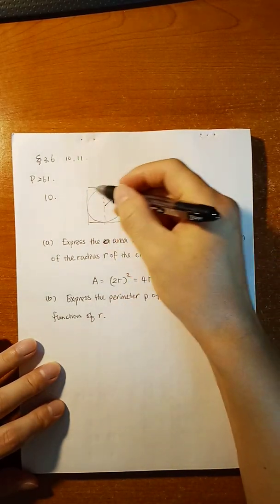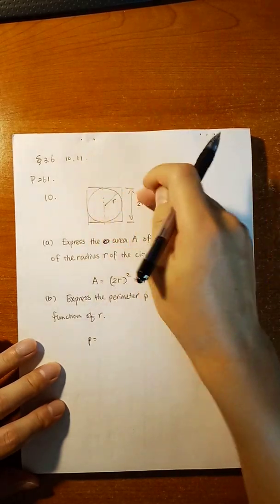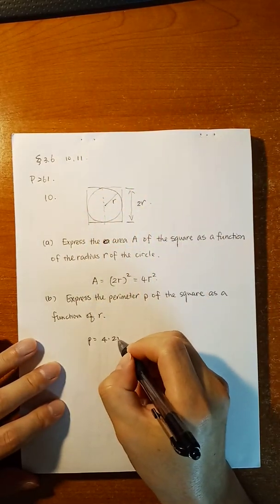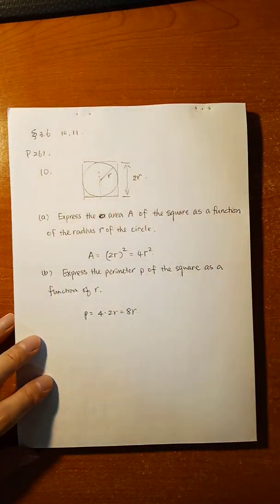Perimeter of the square, well, this side is 2r, so P is 4 times 2r, which is 8r. So this is the perimeter. This is problem 10.